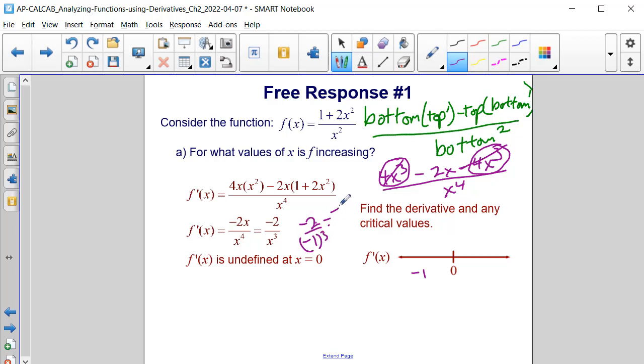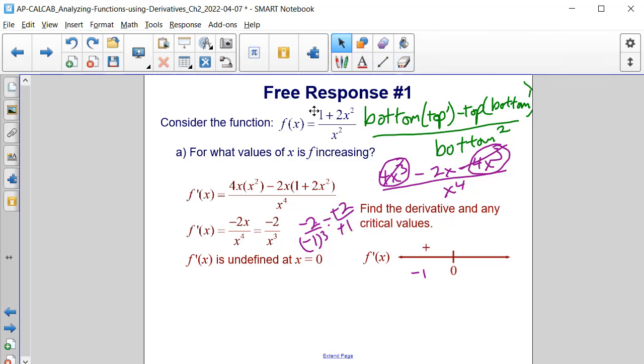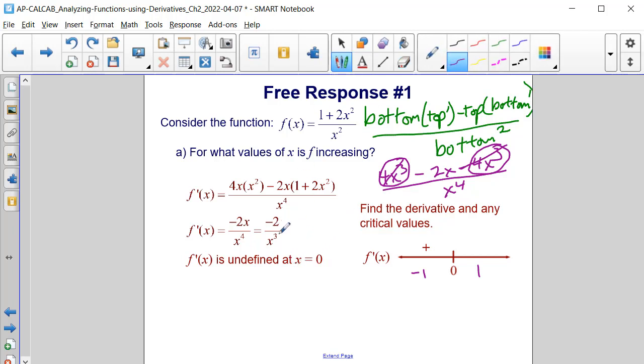So that would be negative 2 over negative 1, which is positive. And then if we pick a value that's greater than 0, say 1, we'll substitute that in for x. Negative 2 divided by 1 to the 3rd is negative 2 over 1, which is negative 2. So that'll be negative.